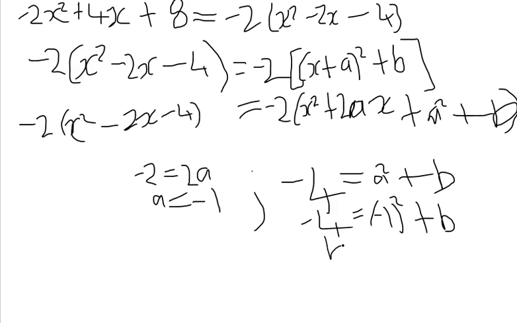So our b is equal to -5. Right, so we have solved for our unknowns.